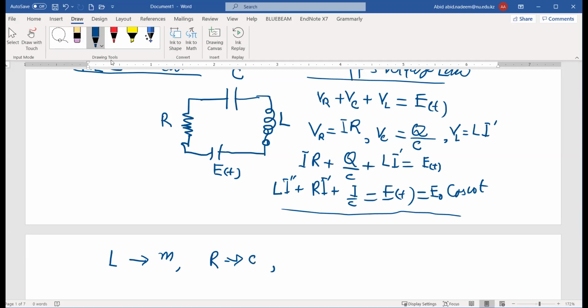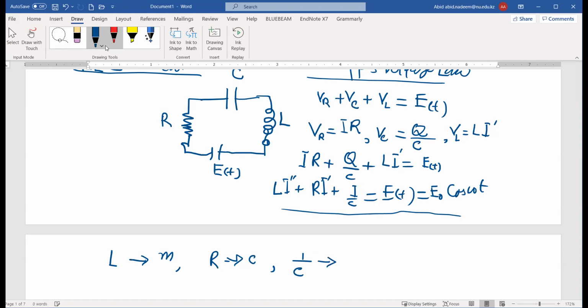And the spring constant K is analogous to 1 over C, the reciprocal of the capacitance.